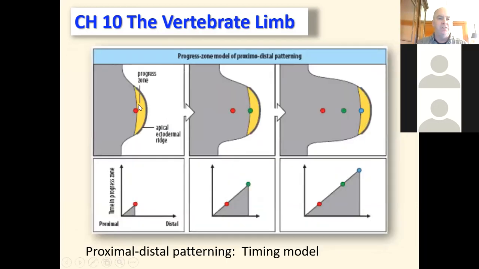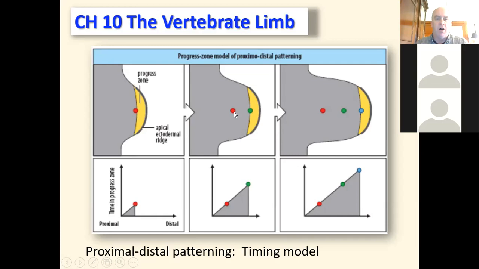The first model is that in this progress zone, where you've got the proliferating cells, there's like a cyclical clock going on, which the transcription factor HARI2 is involved in. So you've got a cyclical coming up and going down of HARI2, and so cells will experience that.